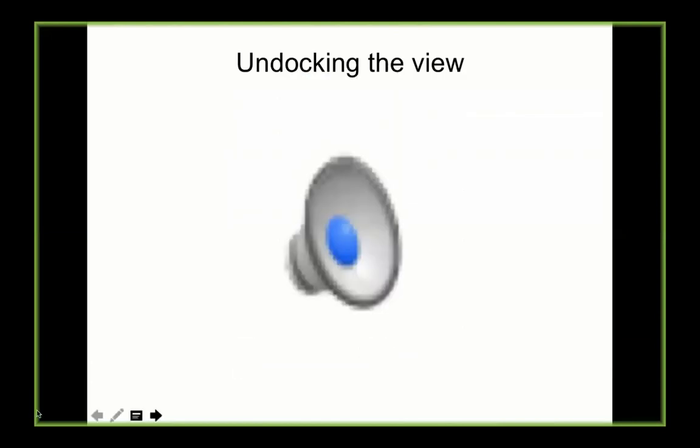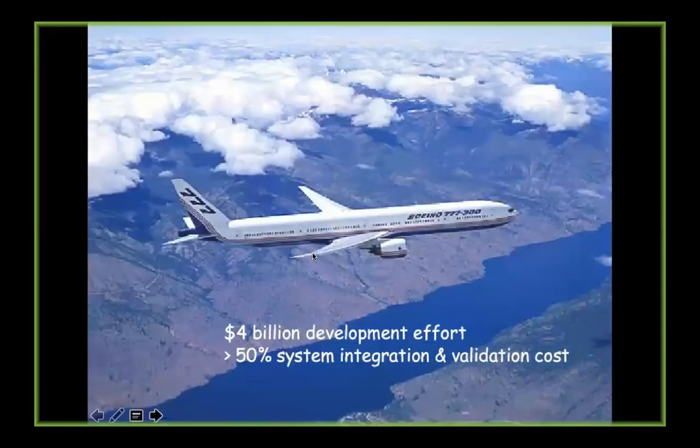Anyways, of course, a way to tell you how hard it is to develop a hard real-time system. Similarly, you can see here the 4 billion development effort on the Boeing 777.